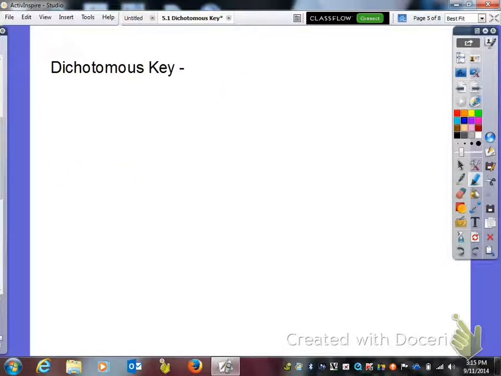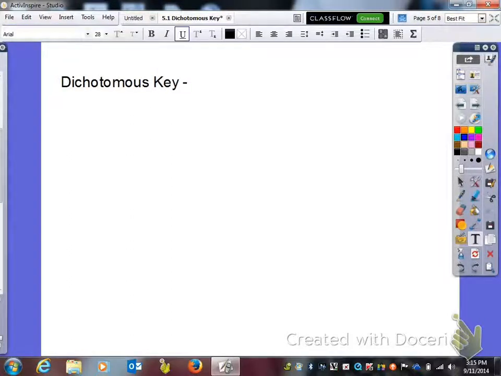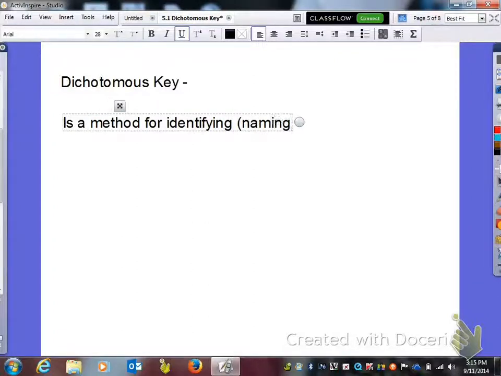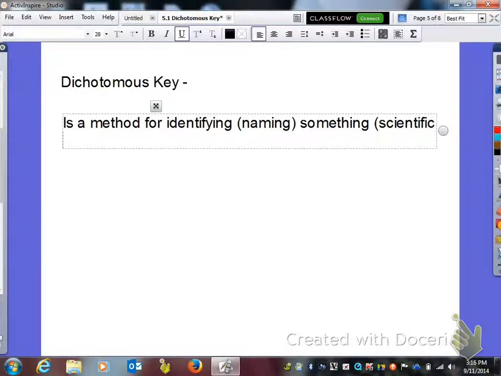All right, so what about this dichotomous key, which is actually the name of our fun sheet? Let's see what that is. A dichotomous key is a method for identifying or naming something. I want you to know that it is the scientific name of, let's say, a butterfly or a plant.